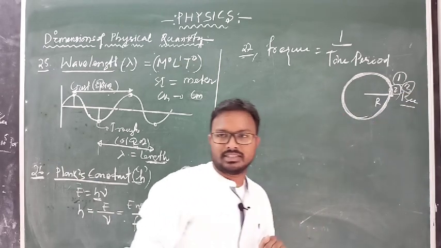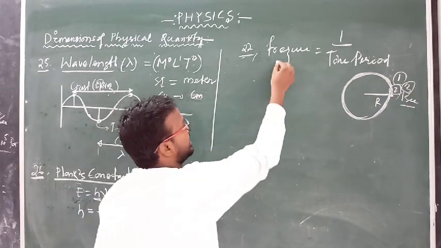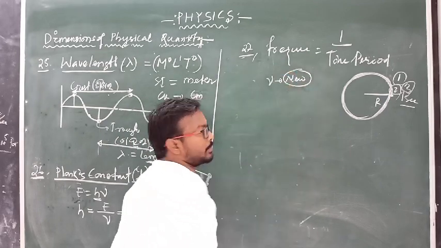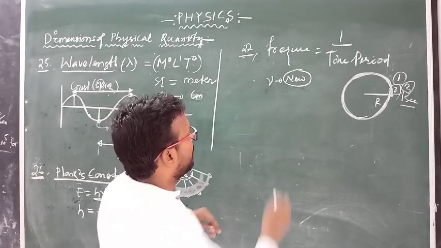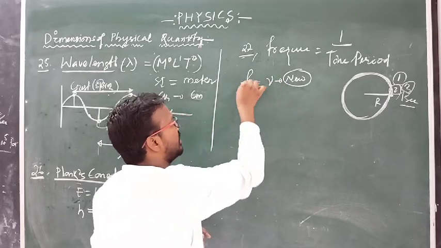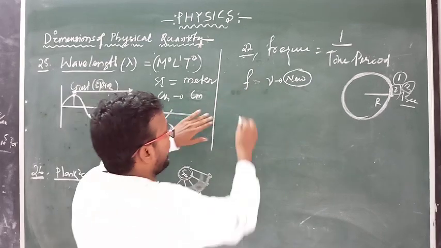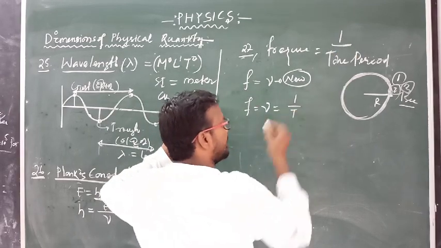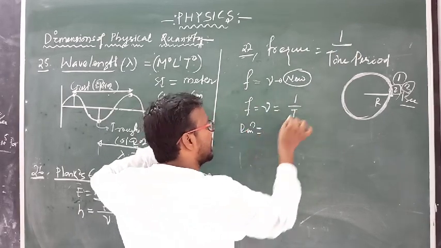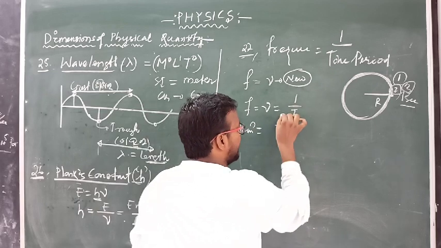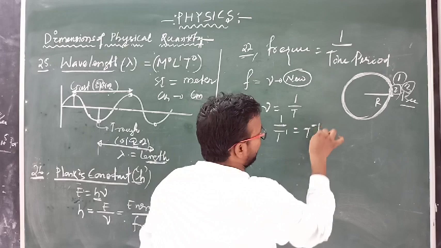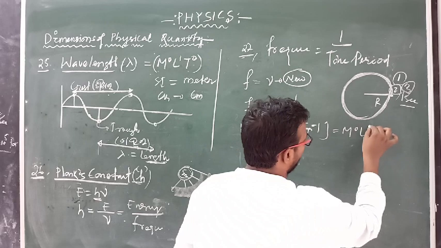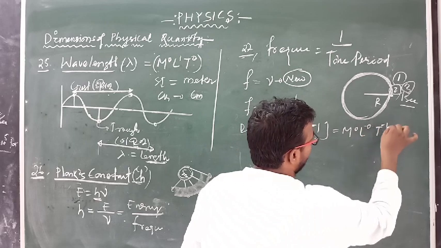Clear? So frequency means 1 by time period, and it is denoted by nu, or you can write small f. Frequency, small f or nu, is 1 by time period, so 1 by t, and its dimensional formula is 1 by t, that is t minus 1, or you can say m0 l0 t minus 1.